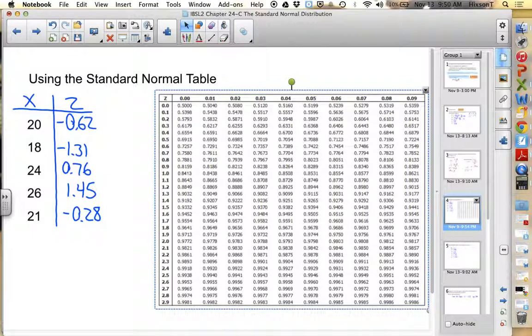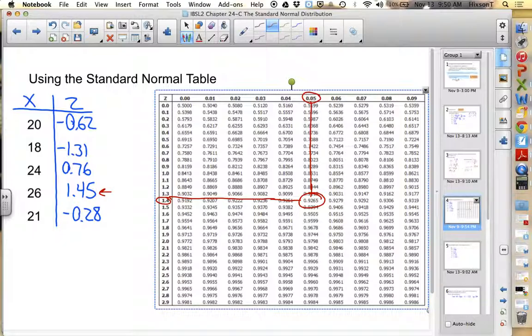All right, so if we wanted, let's go with the 1.45 here. Okay, 1.45, we would come down to 1.4, and it's 5 hundredths, right? So we'd come over here, okay, and that would be the value from the standard normal table.